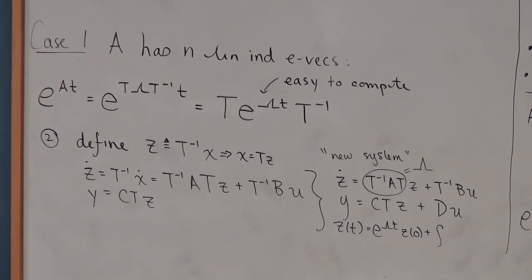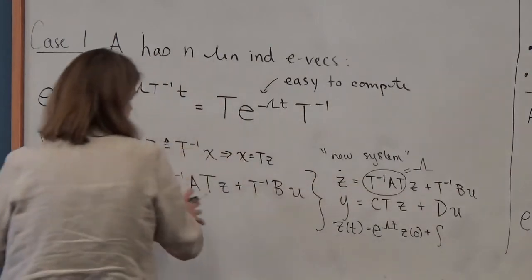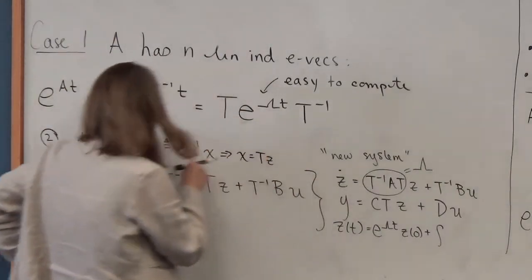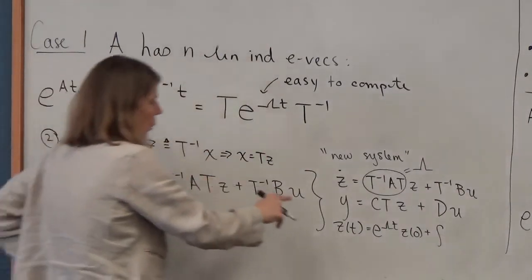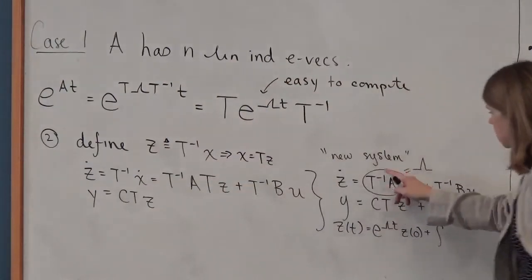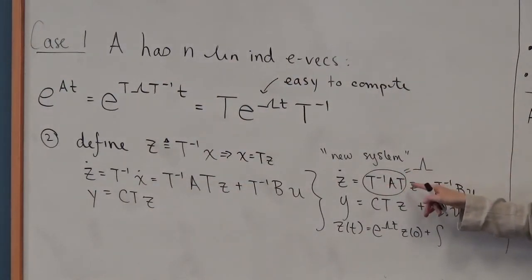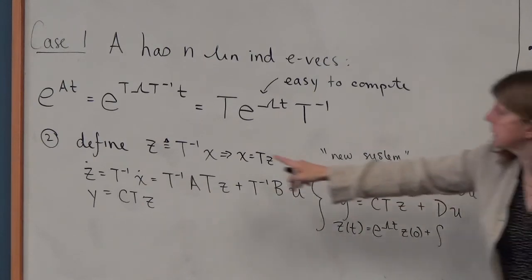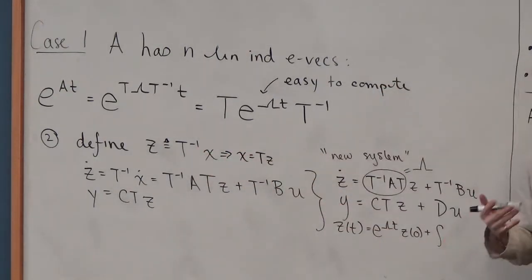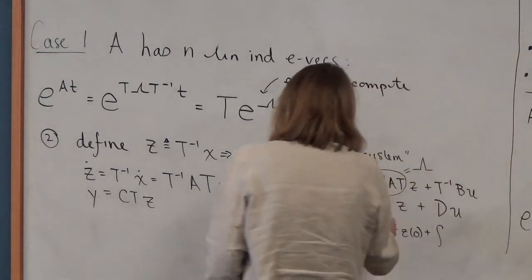Or we could just define a new system, rewriting our system in terms of a new state variable Z, where the dynamics in Z are particularly simple because the dynamics matrix is diagonal already. We chose this Z particularly so that the new A matrix, the new dynamics matrix, is diagonal.